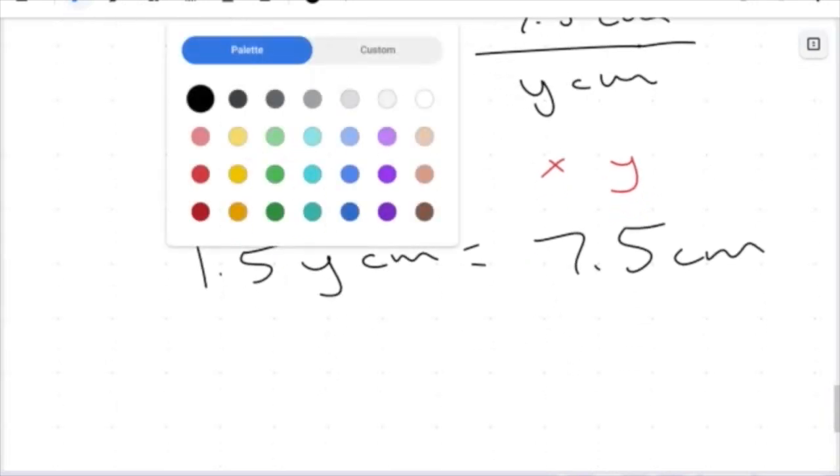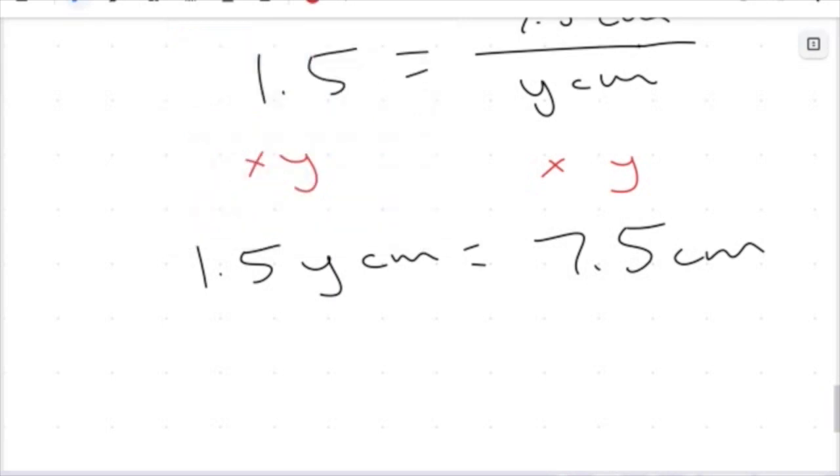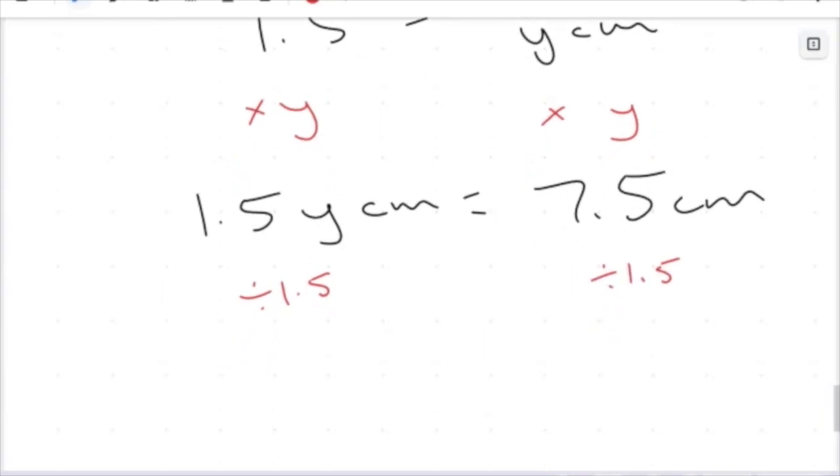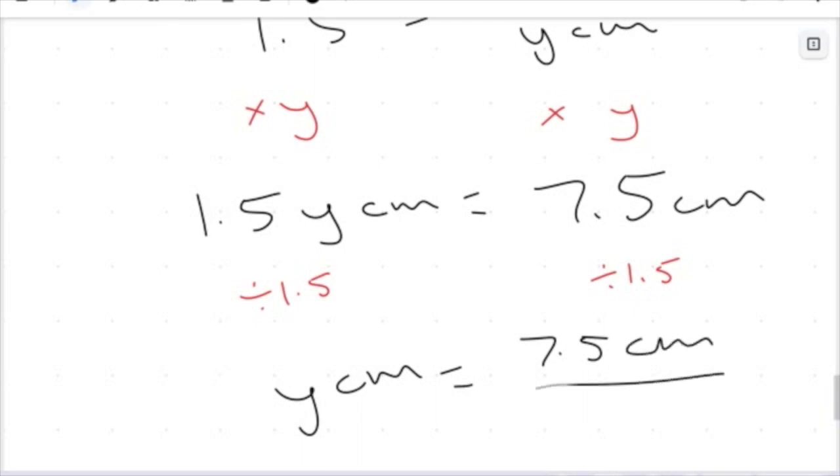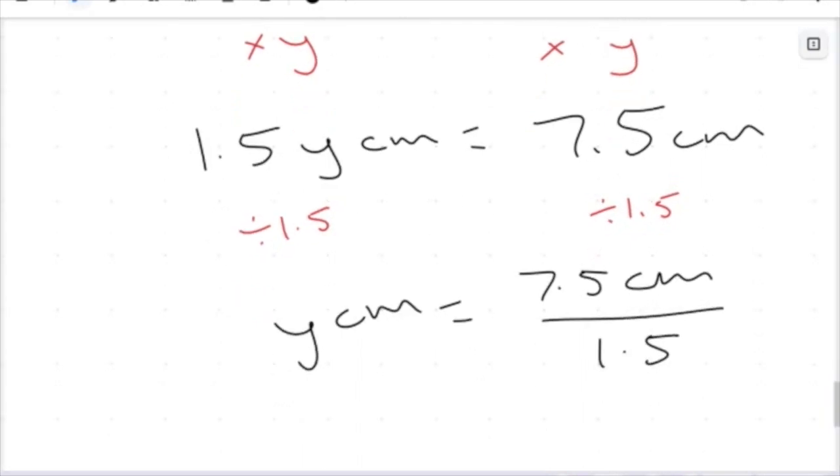And now I just want to undo the 1.5 multiplying by my y centimeters. So I'm going to divide by 1.5, and that gives me y centimeters equals 7.5 centimeters divided by 1.5. So 7.5 divided by 1.5 gives me 5. So my y has a length of 5 centimeters.